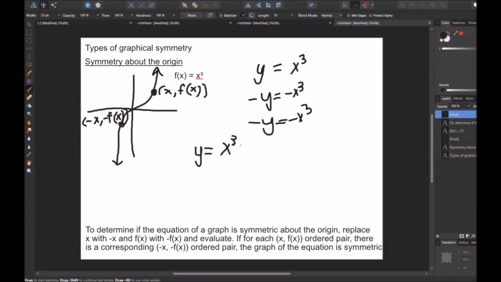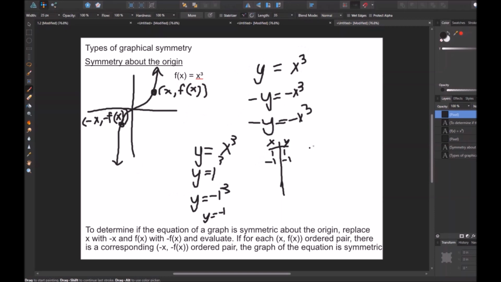For y equals x cubed, if we make a table of x and y and plug in 1 for x, then y equals 1 cubed, which is just 1. Now if we have negative 1 for x, then negative 1 cubed is just negative 1, so y equals negative 1.